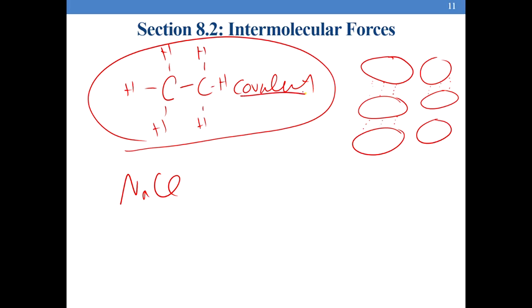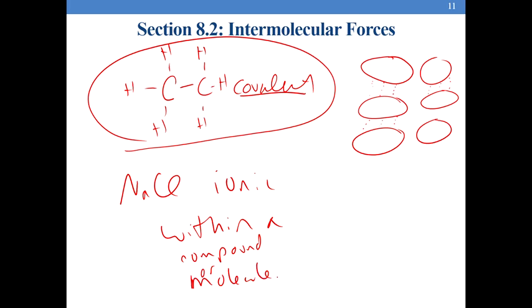The covalent bonds and the ionic bonds, like in sodium chloride, those are within a molecule or a compound. So within a compound, you say compound if it's ionic, or molecule if it's covalent, okay?